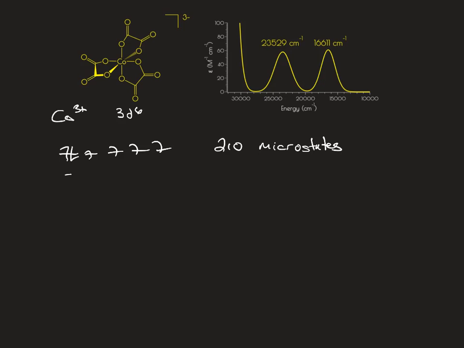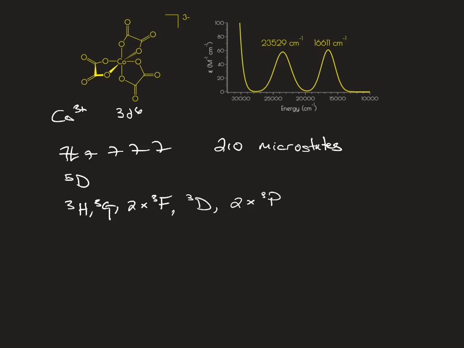There is a quintet D term that represents the ground state electronic configuration. In addition, there's a series of triplet terms, a triplet H, a triplet G, 2 triplet F terms, a triplet D term, and 2 triplet P terms.